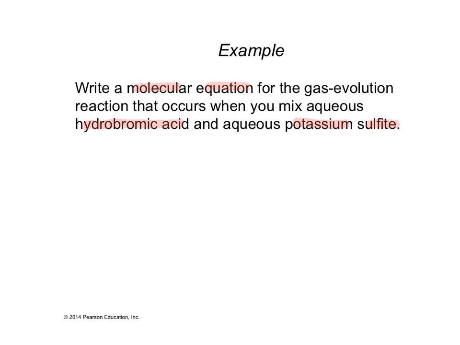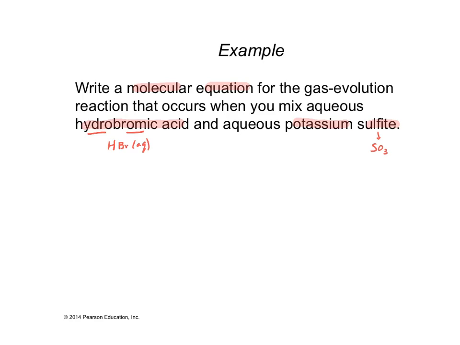Okay, so again, the first step in any type of reaction like this is identifying the correct reactants. Hydrobromic tells us that this is HBr, aqueous, and we're combining that with potassium sulfite. Hopefully you guys have memorized all of your polyatomic ions.